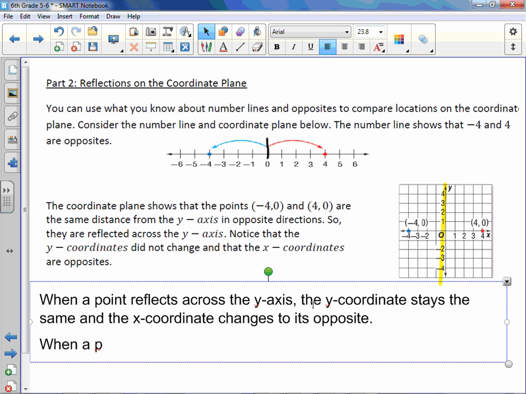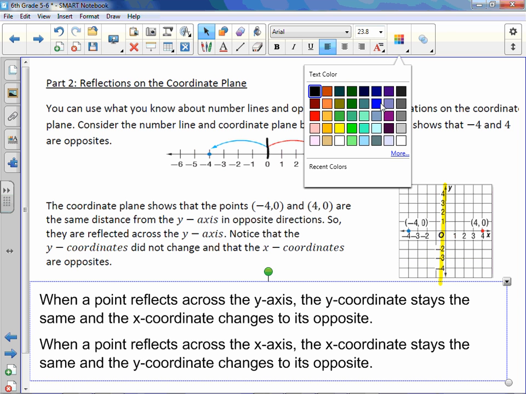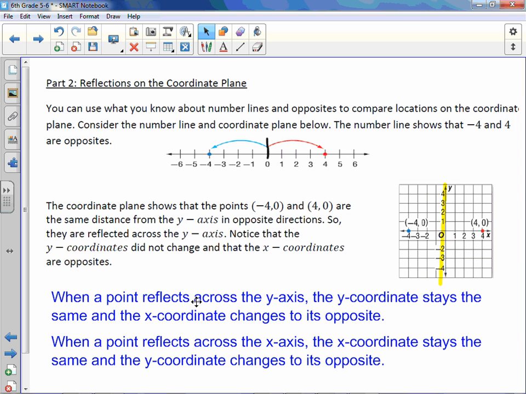Similarly, when a point reflects across the x-axis, the x-coordinate stays the same, and the y-coordinate changes to its opposite. Jot that down, and we're going to then do a couple examples with it, just so you get a clear understanding of what that means.